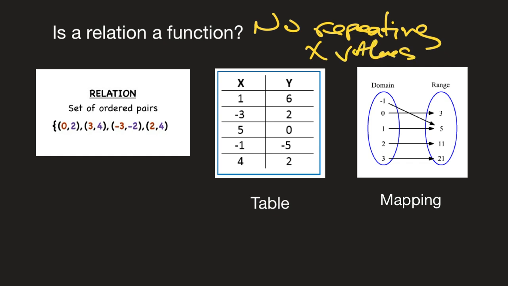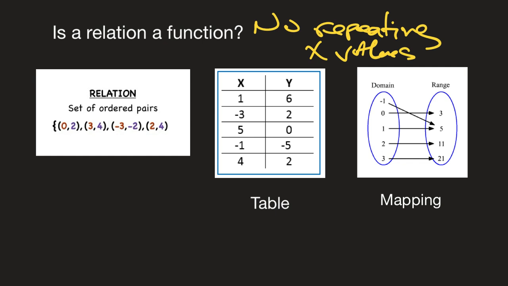Okay? If they ever ask you if a relation is a function, does this qualify as a function? Is this table qualify as a function? Is this mapping a function? All you're going to do is look at the X values and see if any of them repeat. If any of them repeat, you're going to go, nope, not a function. If all of them are unique and none of them repeat, you're going to say, yes, it is a function. Okay? It's that simple. You just got to know what you're looking at.